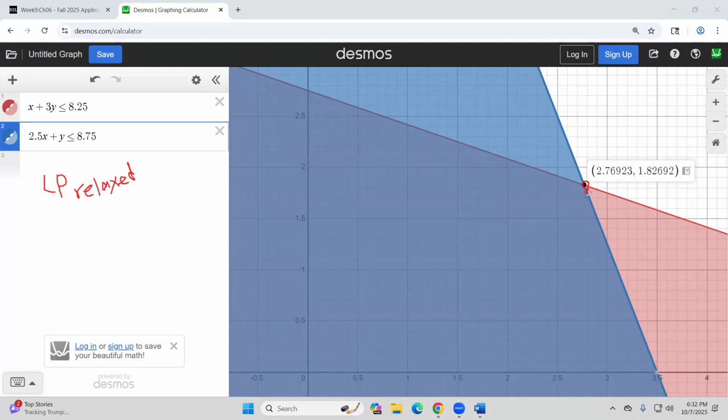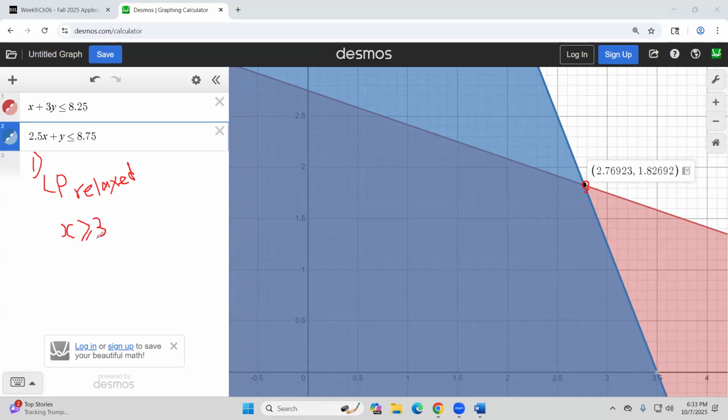So I solve this, right? Step one, I solve the LP relaxed. Now I get the x and y values, and I add constraints to the LP relaxation. For example, here I have 2.7, right? So I can cut this by saying x should be greater than or equal to 3, right?